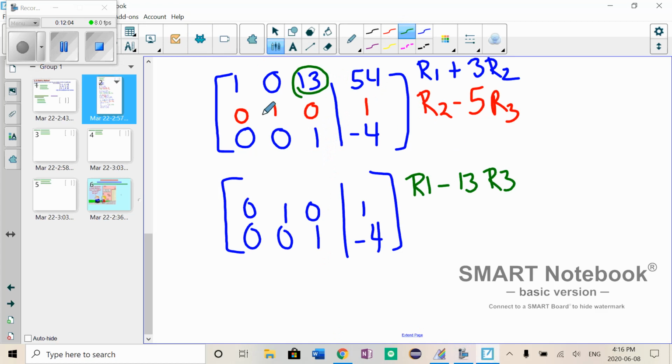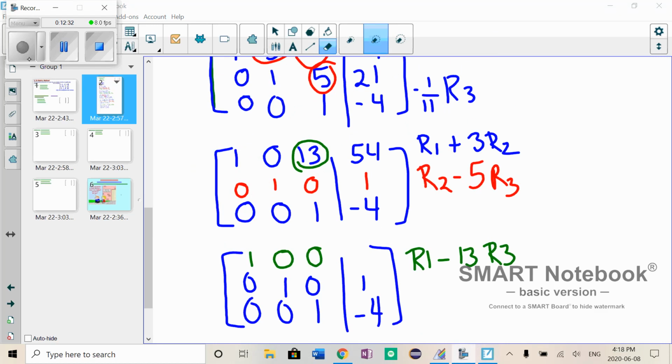Row 1 minus 13 times that still keeps me with my 1. Sometimes it does get messed up, so then you'd have to get it back to a 1. This minus 13 times this is going to keep that 0 there. This minus 13 times this is going to be a 0.